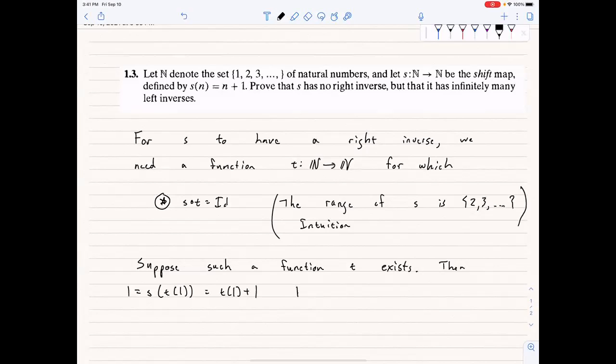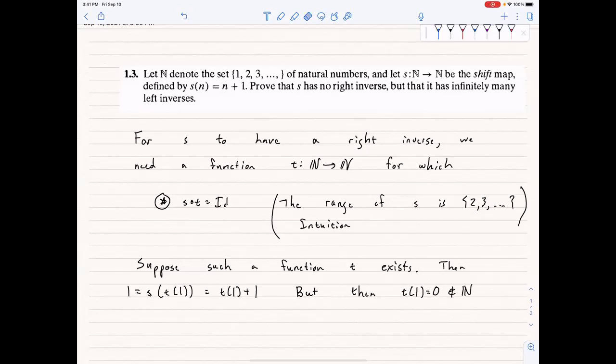But then T of 1 is 0 by subtracting, right? Which is not defined. It's not in the natural numbers according to our convention.